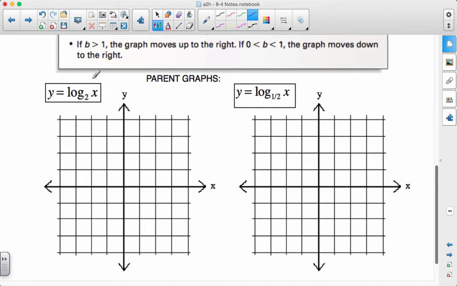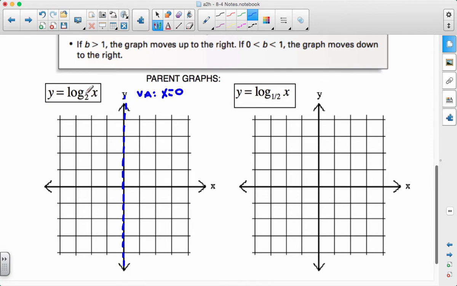We cannot take logs of a negative number, and we can't take logs of 0 either. So if this is unmodified, we will have a vertical asymptote right here along the y-axis, when x equals 0.